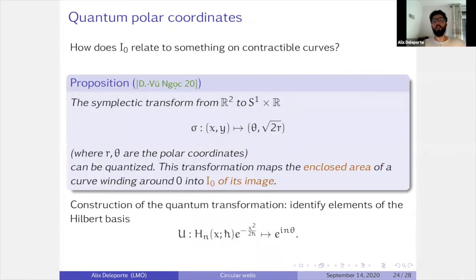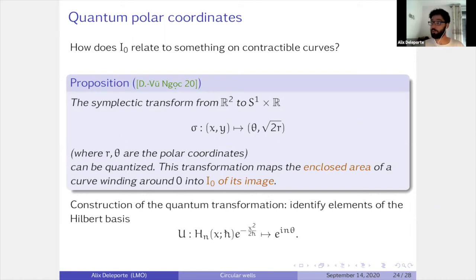There is another simpler invariant on curves. If you have a contractible curve on R2 or a contractible curve on S1 times R, then there is a simple symplectic invariant, which is the area enclosed by this curve.